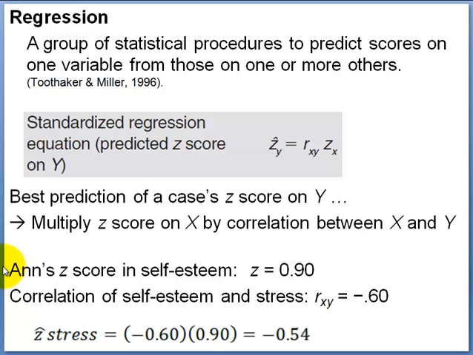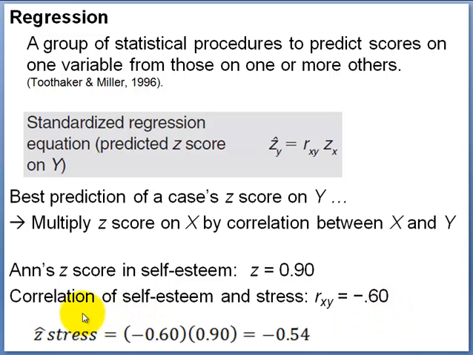So here's an example. Ann's z-score on self-esteem equals 0.90. That z-score is greater than 0, so Ann's score is above the mean on self-esteem. Now further, the correlation of self-esteem and stress in daily life is found to be minus 0.60. In other words, a reasonably strong negative correlation.